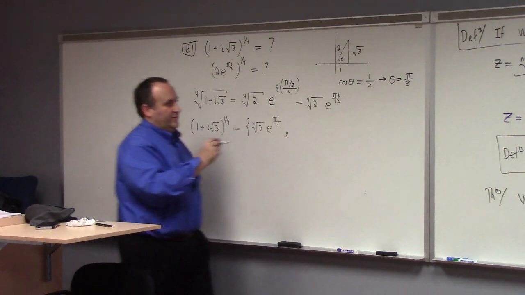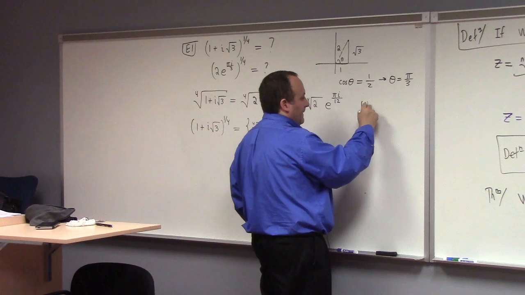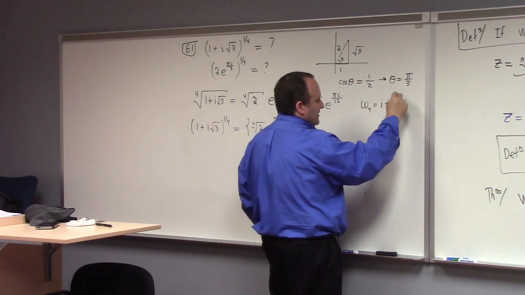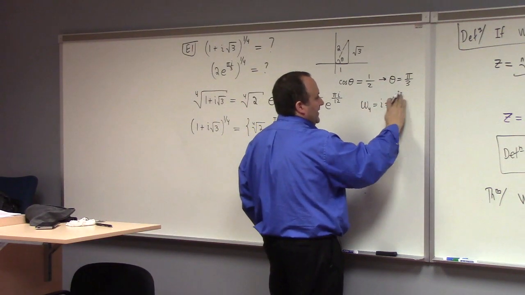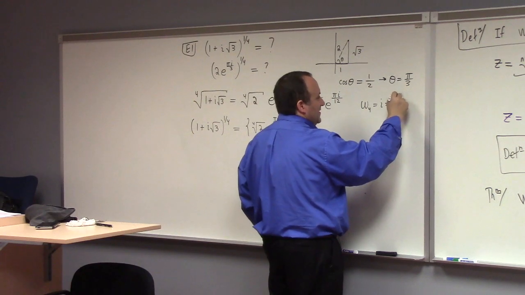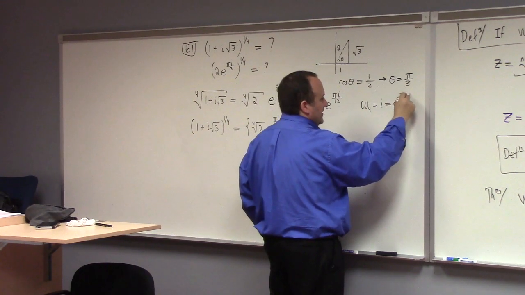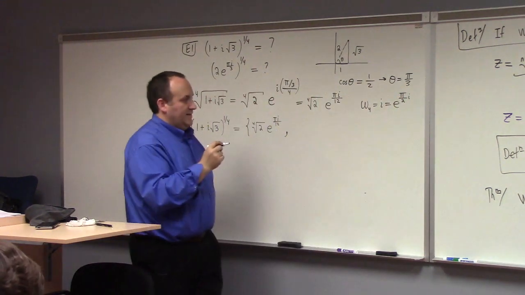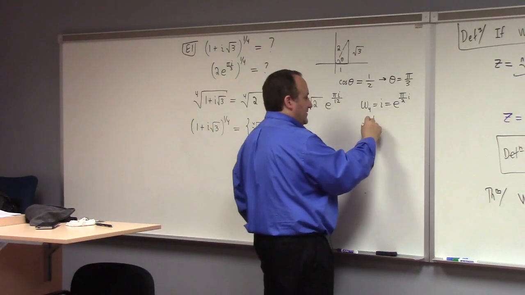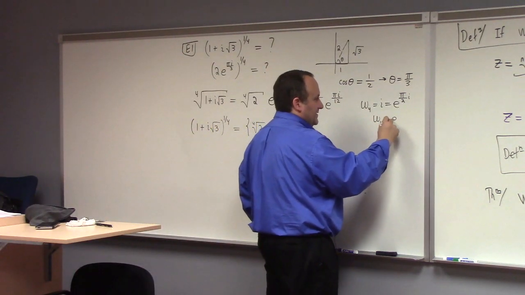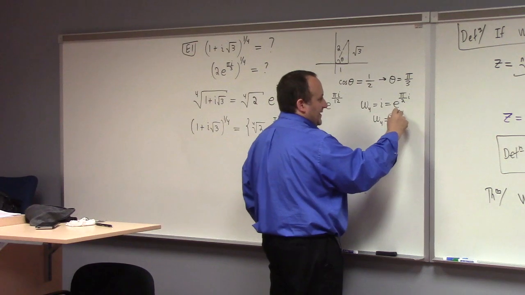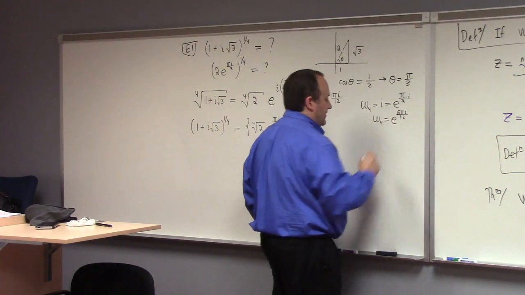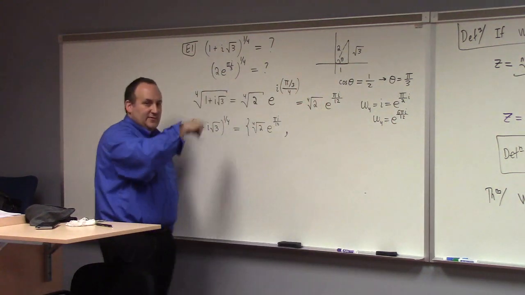Now remember, omega sub 4 is equal to i, but we could also look at it as e to the 2 pi over 2 times i. For this problem, I would like to look at omega sub 4 as e to the 6 pi i over 12. That would probably be a better way to look at it, because then I can do the arithmetic.